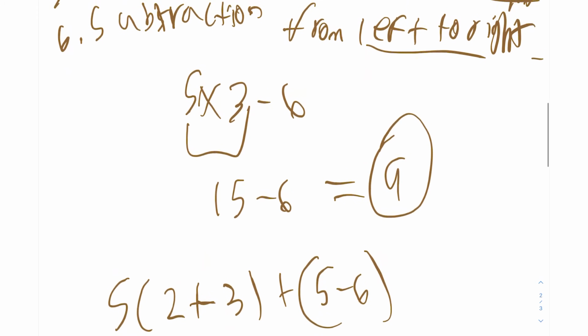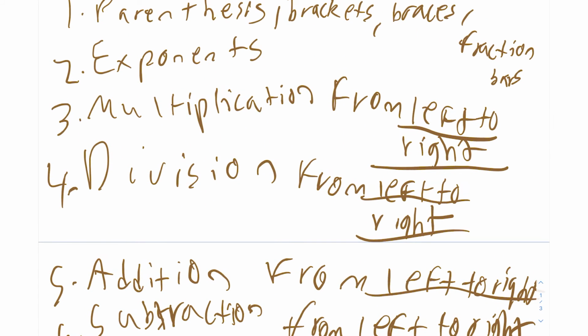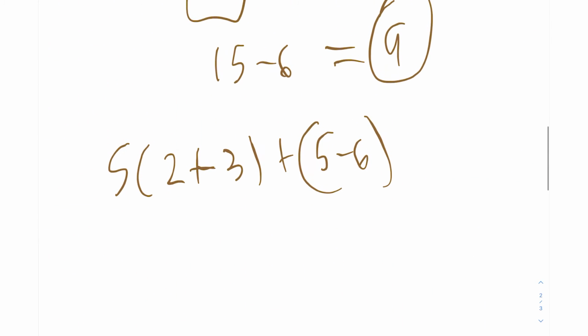So, we can go back here to PEMDAS. As we can see here, parentheses is number 1. So, we can do that first. So, we can get this thing first and then this thing. Okay, so it's 5 and negative 1.